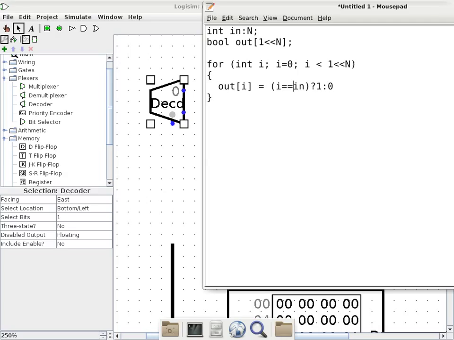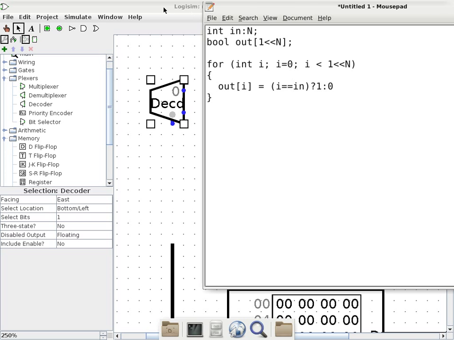Everybody else is going to be a 0. The one that has an output of 1 is basically, when you look at the indexing, it matches the value of in, not n, but in. In is a variable. Is that doing okay so far? Sort of? Sort of? Okay.